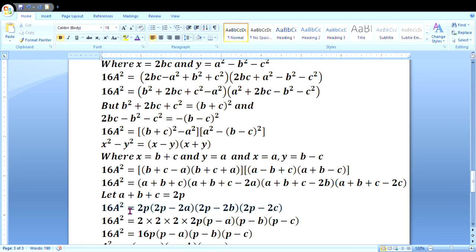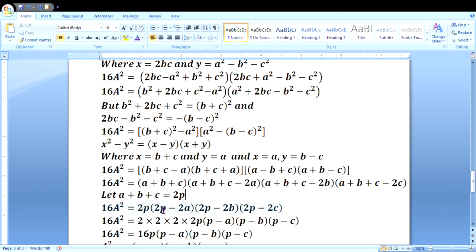The expression now becomes 16A square is equal to, in place of a plus b plus c here, we put 2p. In the first part of this bracket, a plus b plus c is equal to 2p, and here we have minus 2a. Similarly here, we put 2p minus 2b, and here 2p minus 2c.